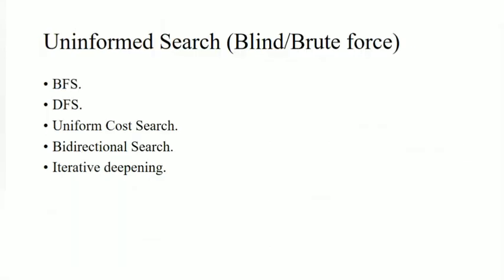Considering the uninformed search, it can be called blind search, brute force search, or traditional search. I will be discussing breadth first search, which is a level wise search, depth first search, which is a depth wise search, and uniform cost search. Then there is bi-directional search, where we can search from the start state as well as from the goal state simultaneously.